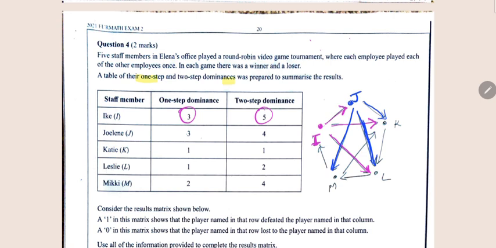Now let's look at Katie. Now Katie beat one person who beat one other person. Now if you look at the table, Katie beat one person who beat one other person. The only person who beat one other person is Leslie, because Leslie beat one person directly. So this has to be Leslie. So Katie beat Leslie, and that's taken care of that.